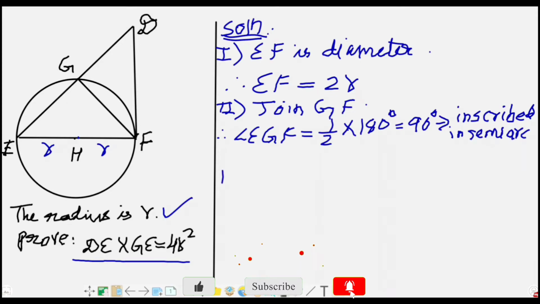In the same way, DF is tangent to the circle. This already we have proved 90, this is also perpendicular.